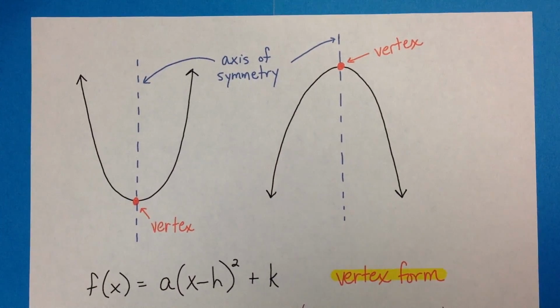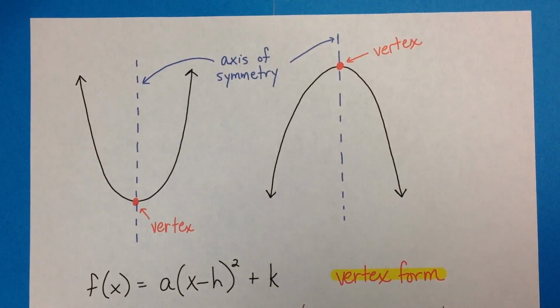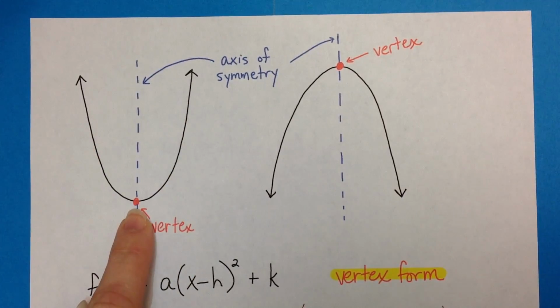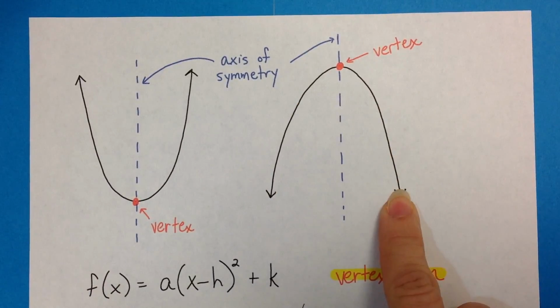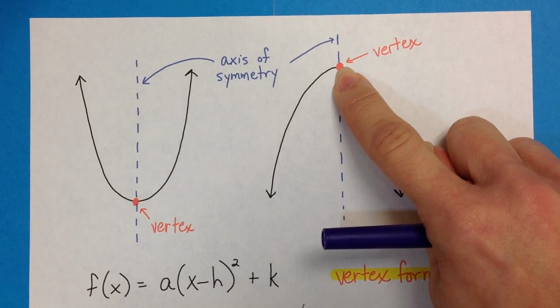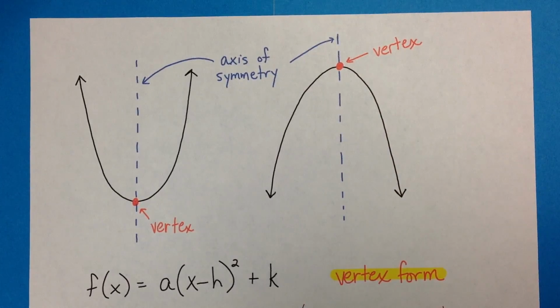Now, a couple of parts that you have to a parabola. First of all, you have what's called the vertex. If your parabola opens up, your vertex is located at the very bottom. If your parabola turns down, then your vertex is located at the very top. Then we also have what's called an axis of symmetry.